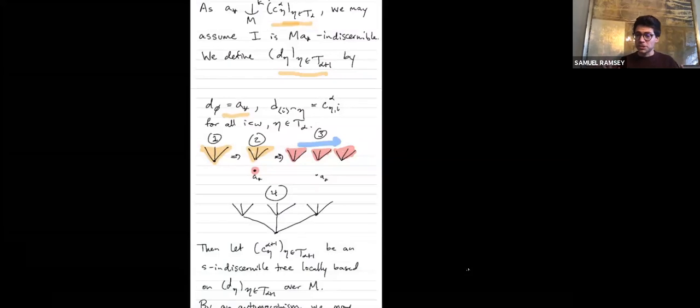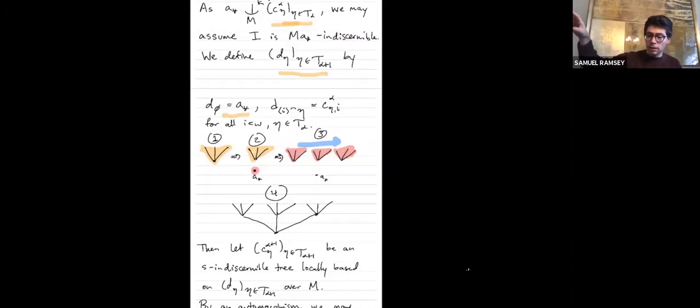Great. So I was explaining the procedure. We start with our tree. We choose a new base point, which is independent from the whole tree. We take countably many copies of our tree, which are moving along a Morley sequence. We can assume that that's indiscernible over the new base point using independence. And then we construct a tree. So how do we construct the tree? Well, we define the root to be the new base point.